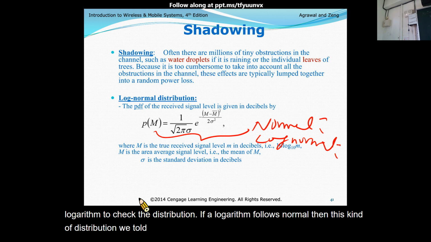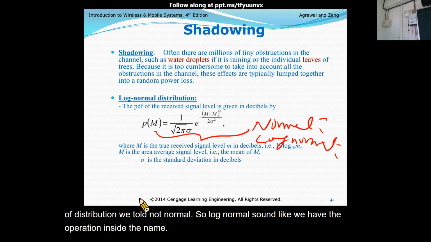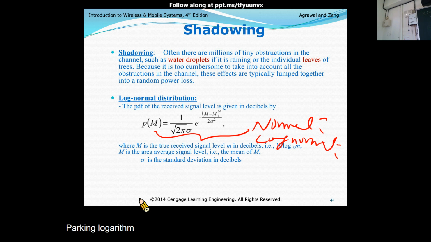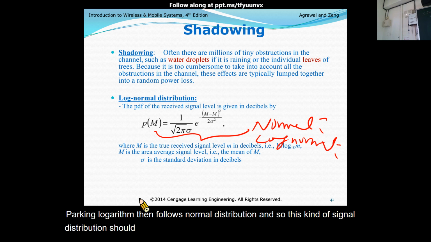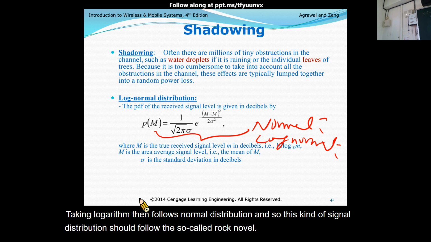So log normal has the operation inside the name: taking logarithm, then following normal distribution. So this kind of signal distribution should follow the so-called log normal.